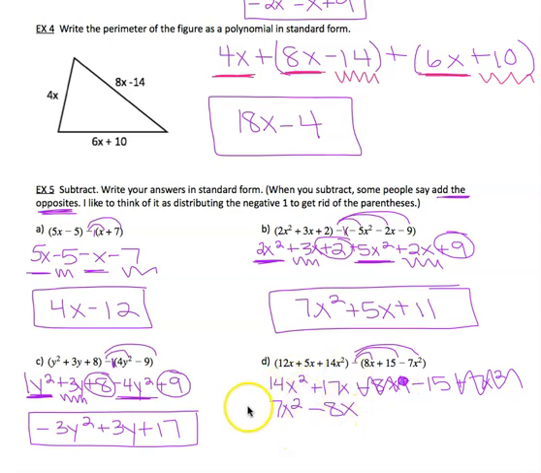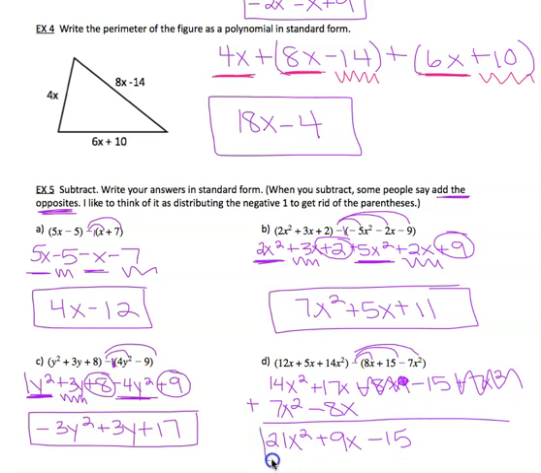And so now you could also do this vertically if you wanted. So 14 plus 7 is 21 for the x squared. And then 17 plus negative 8 gives me 9 for the x term. And then my negative 15 doesn't have a like term, so it just gets brought along.